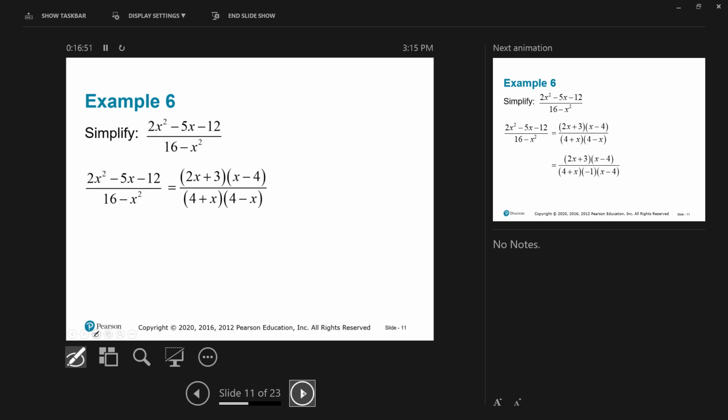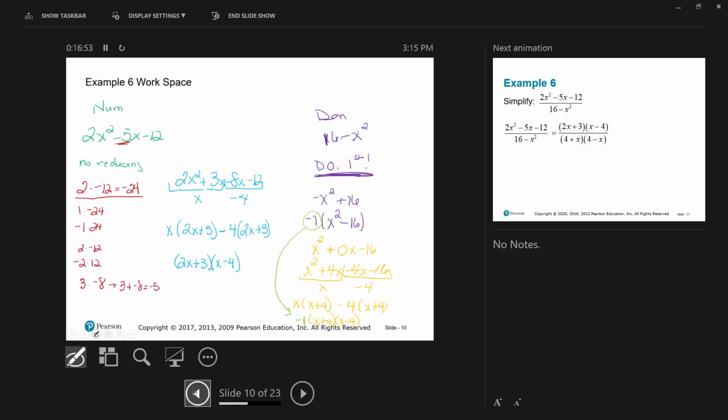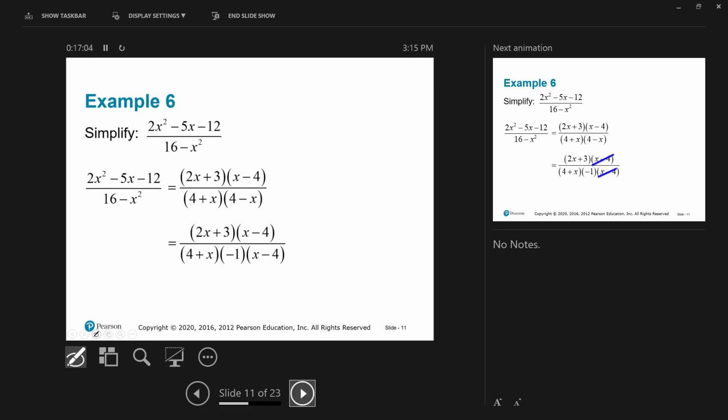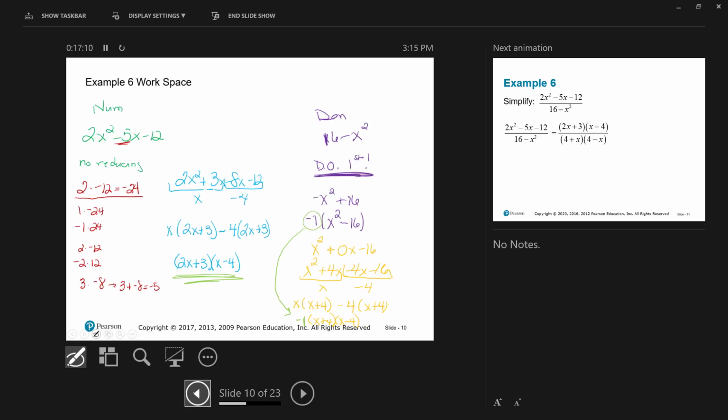So the numerator matches our work. Their denominator doesn't quite match our work. They did it a little bit differently, but if you notice on this next part, here's that negative 1, isn't it? Just like we had. There's our negative 1.